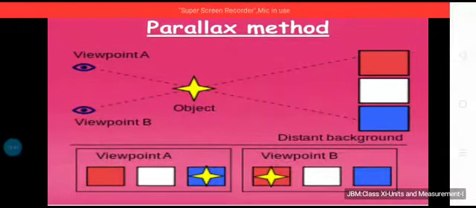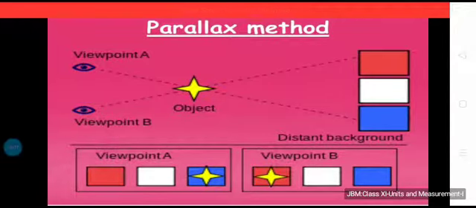So to measure the distance of a far away object by the parallax method, we observe it from two different positions, viewpoint A and viewpoint B, with respect to a certain background. As you can see in the picture, the object, which is a star, is being observed from positions A and B with respect to that distant background.